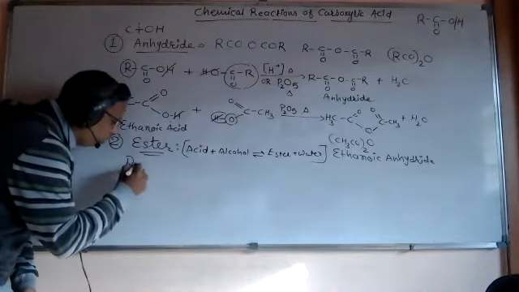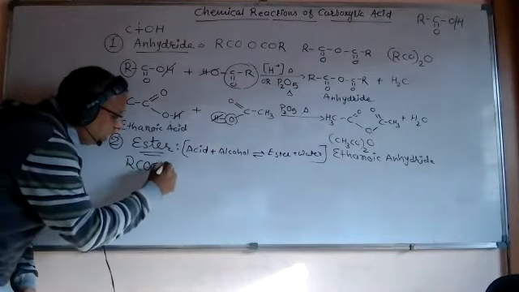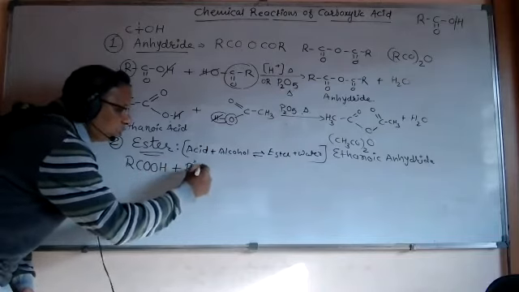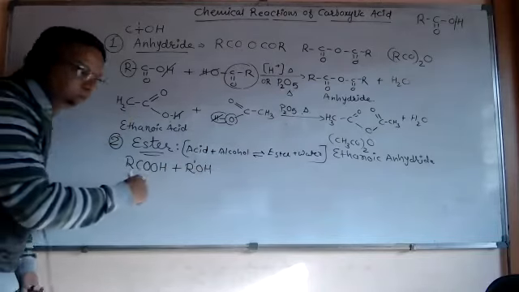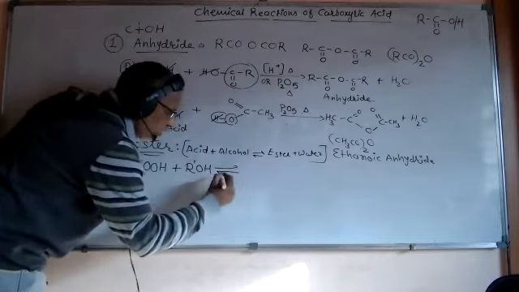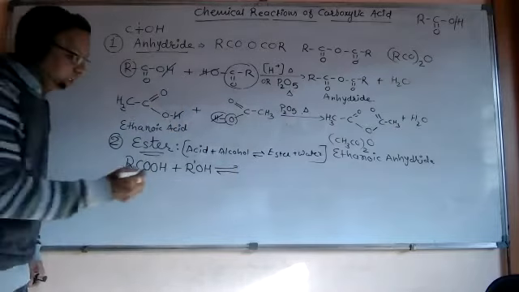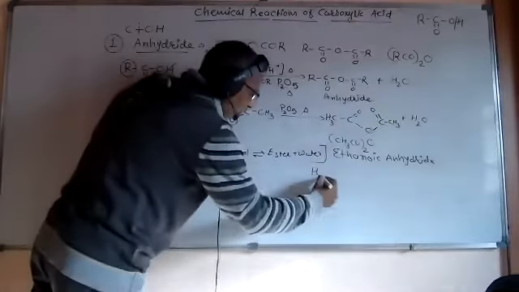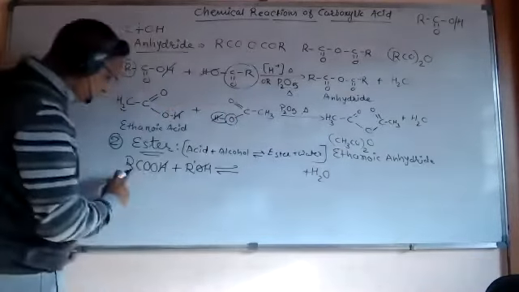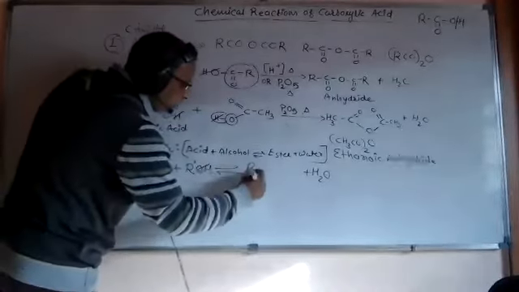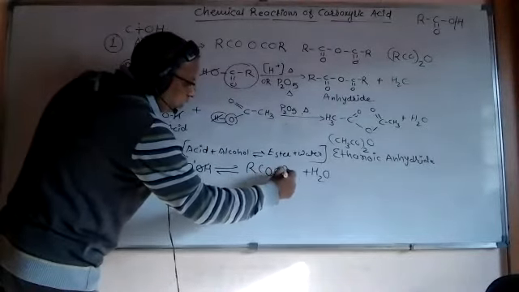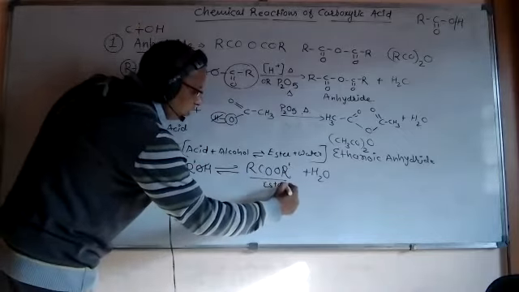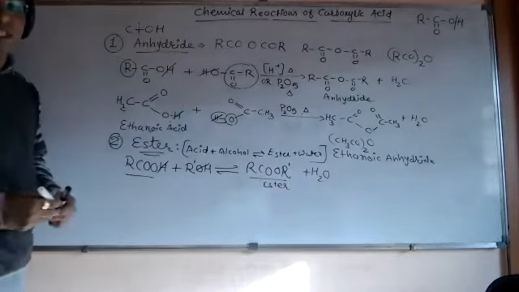The common formula is RCOOH for acid, R dash OH for alcohol. Reversible reaction, two-way reaction. Once again, the same thing, H and OH will be removed as H2O. This is RCOO left part, and then R dash will join here. This is the common formula of ester.